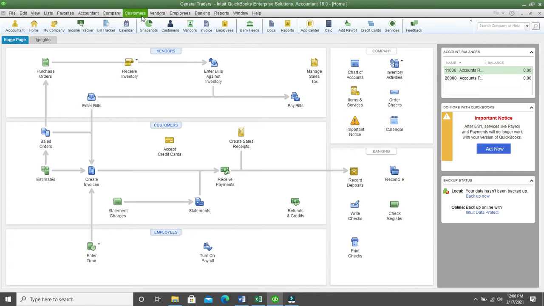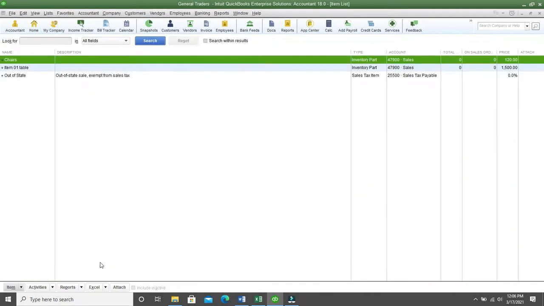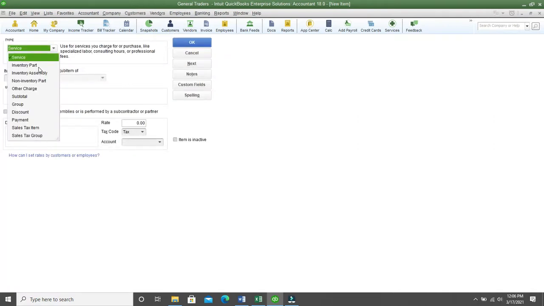I shall have the option to create a new item, so create New and call it Other Charge, because if you select the item type as sales tax item, then you will not be able to apply it on your purchase bill. We shall see it later, but first we are creating the sales tax input item as Other Charge.